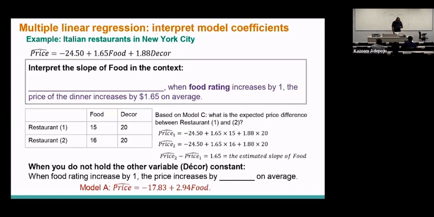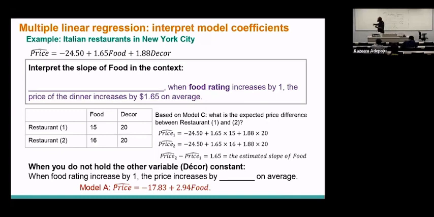Now, take a look at this. How do we now interpret the slope? We're basically going to interpret the slope for food and the slope for decoration. Please look at the way we're going to interpret.